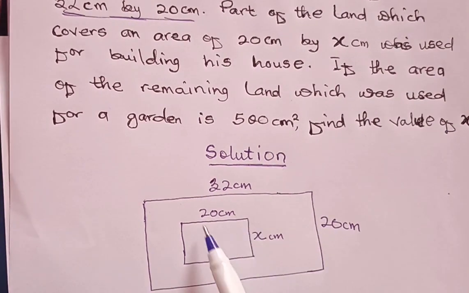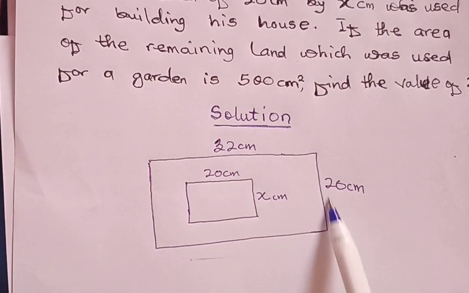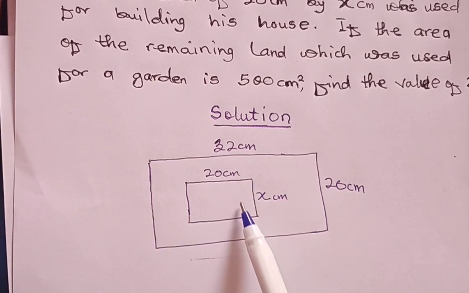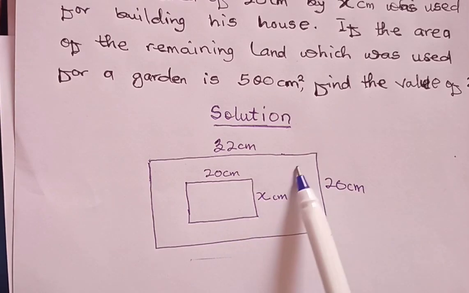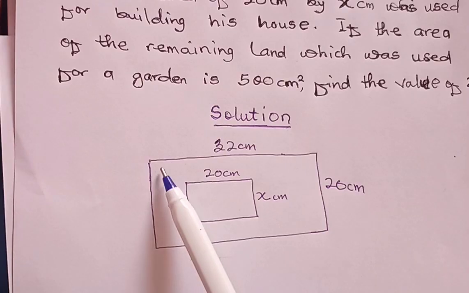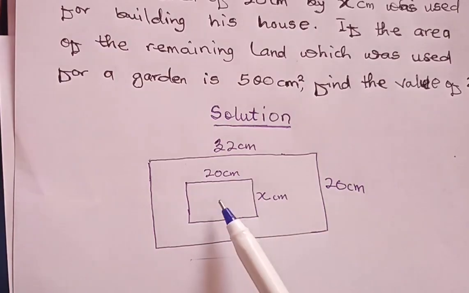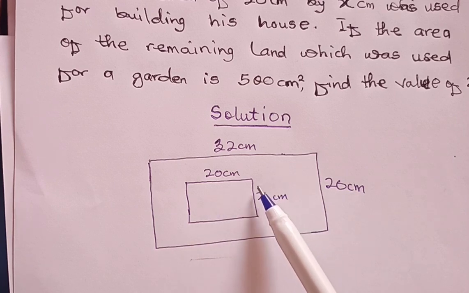Now looking at this, this is the whole piece of land, and then we have part of it which was used for building his house. The rest of the remaining part was used for his garden. Have you gotten that? Good.